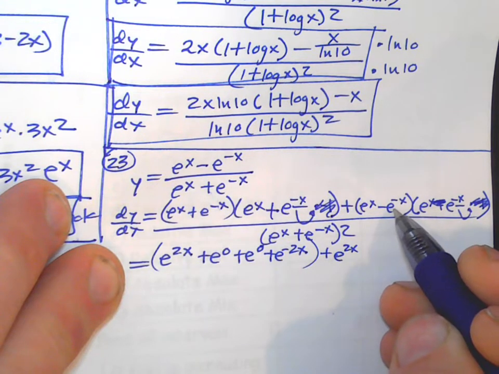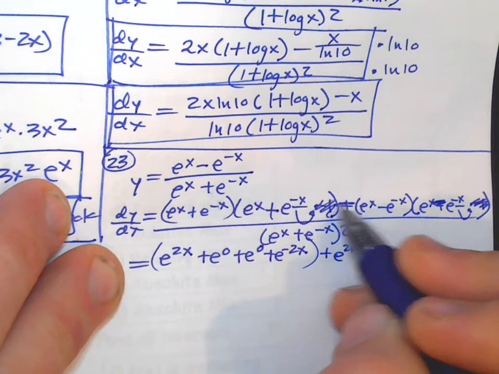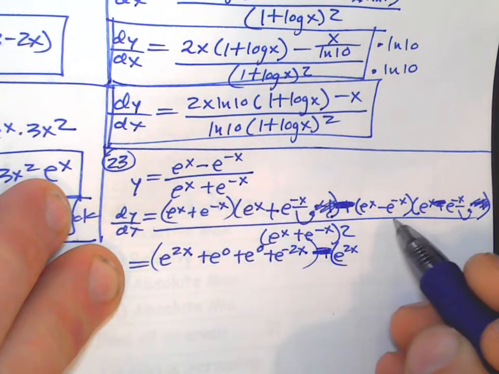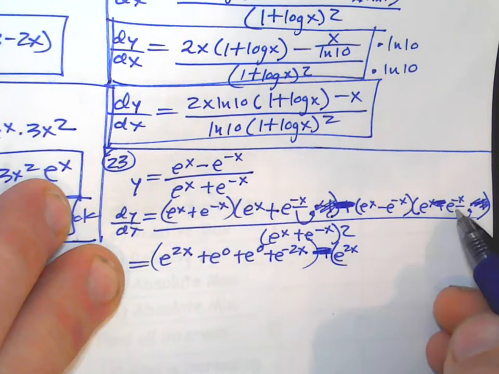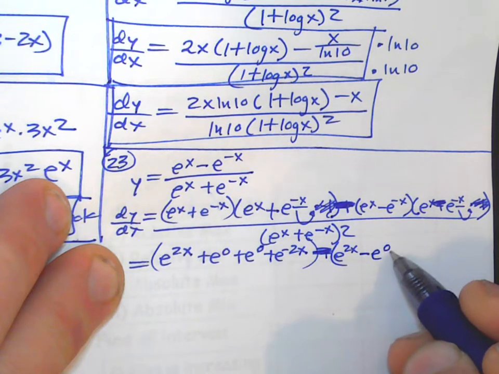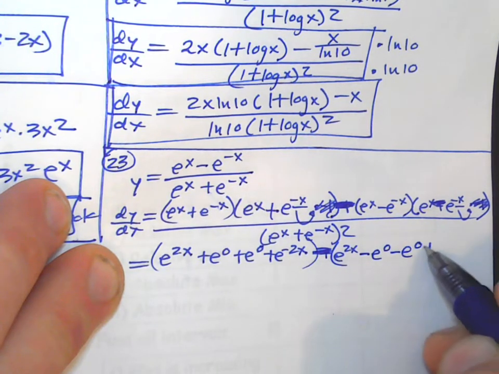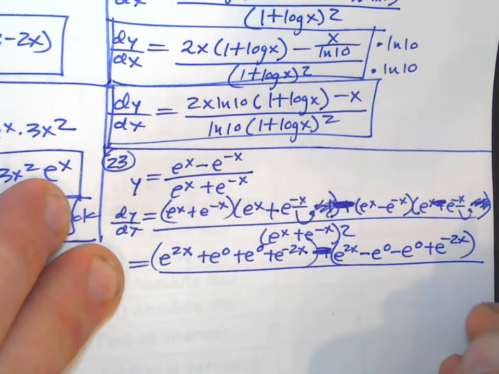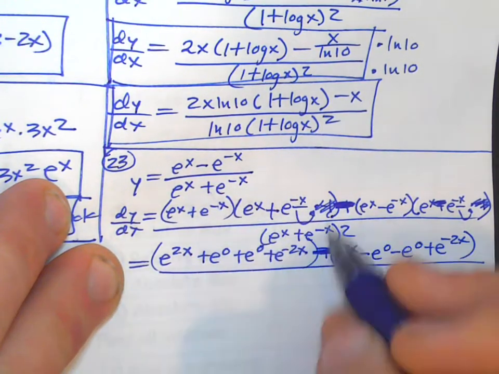Both of these are low d high minus, I got to be careful, I almost messed that up. Low d high minus high d low. Now here, it's a positive times positive, then it's positive times negative, so it's going to be negative e to the 0, negative e to the 0, plus e to the negative 2x.